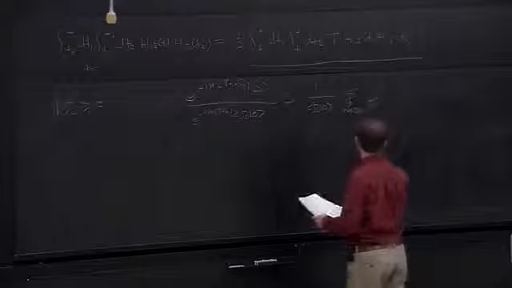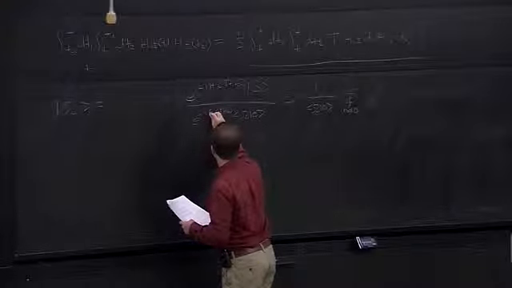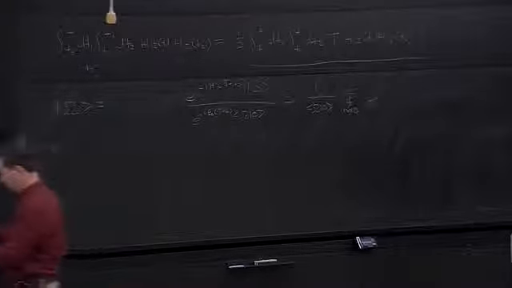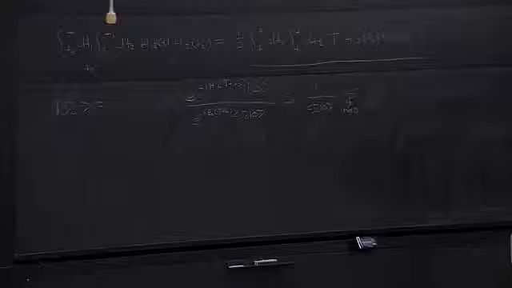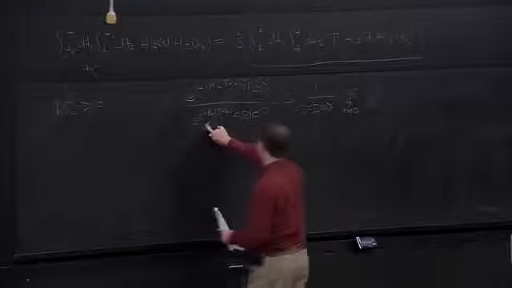So before I finish doing that, it'll be useful to introduce the notation. So let's assume that E naught is the energy of the interacting vacuum, and that the energy of the free vacuum is 0. So using that, I can replace.